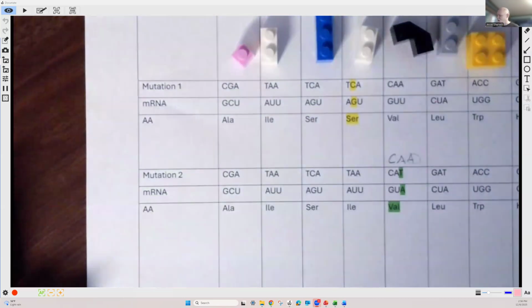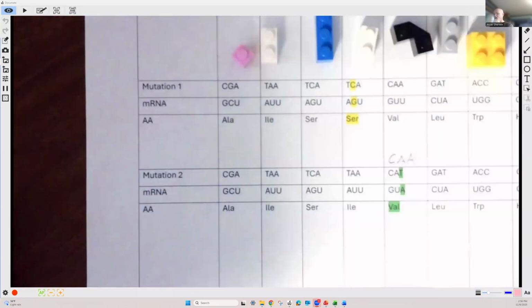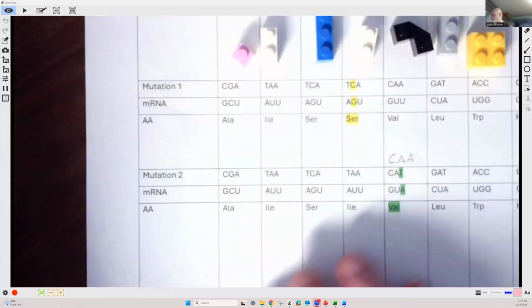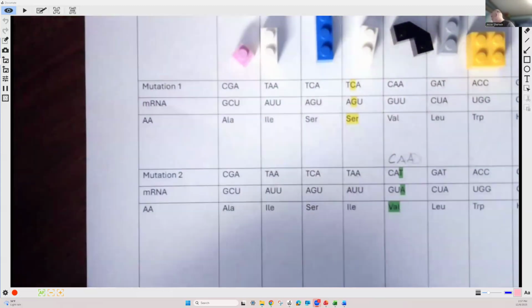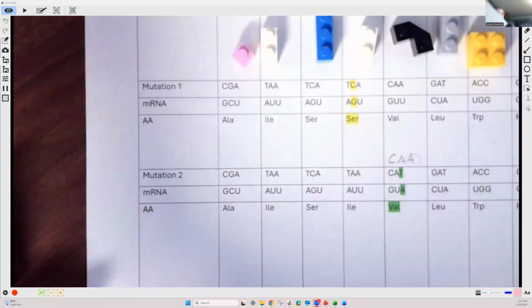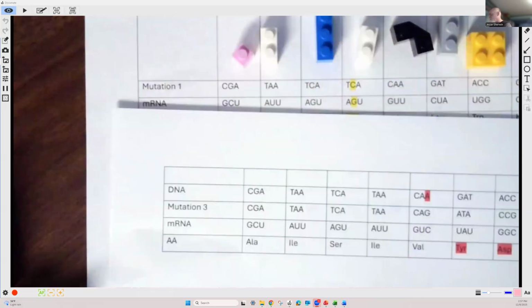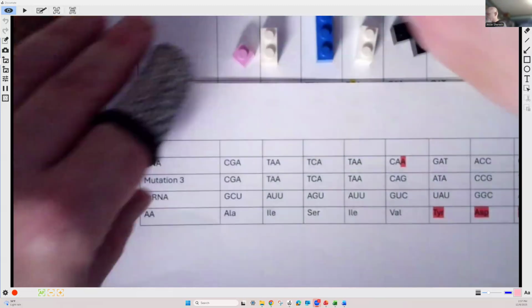All right, let's have another one. Let's have another mutation here. Let me find another mutation. Yep, I got some more here. How about this one?